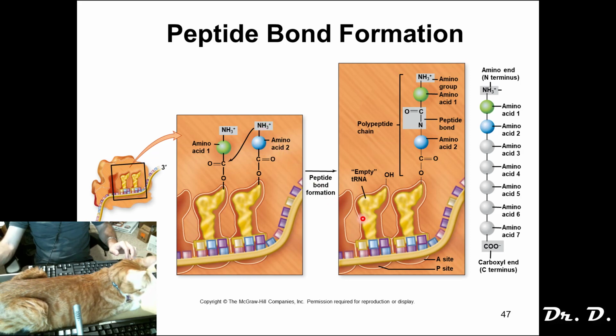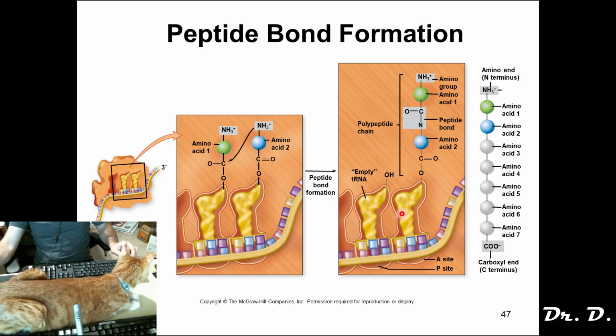So now, as a result of that peptide bond formation, this tRNA is now called uncharged. You see, this tRNA no longer has an amino acid attached, right? And this tRNA has 2 amino acids attached.